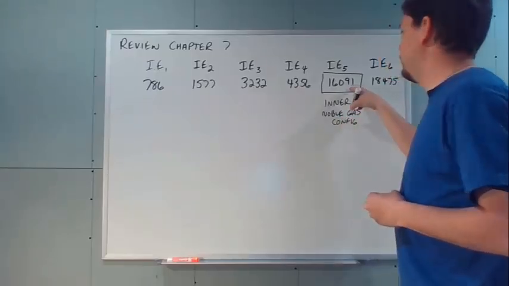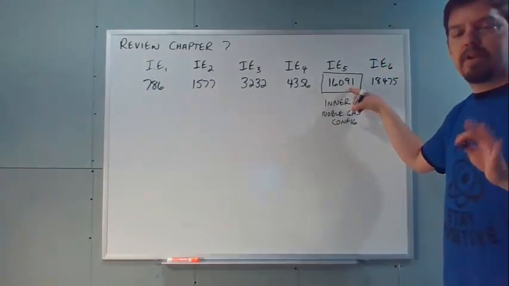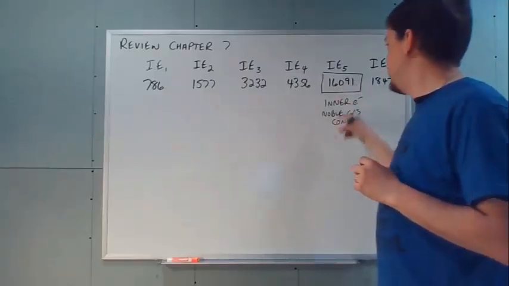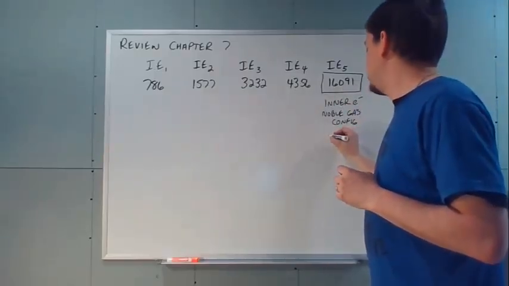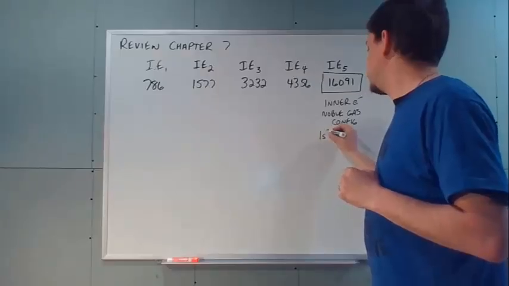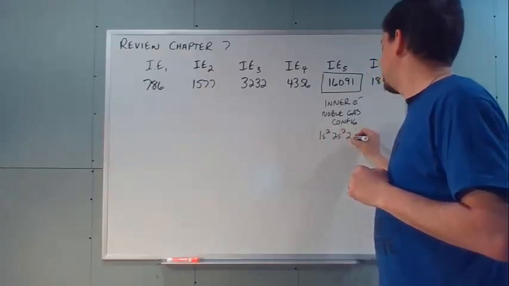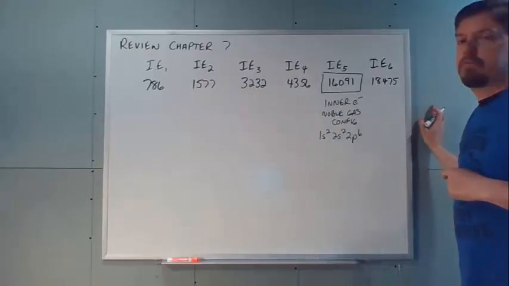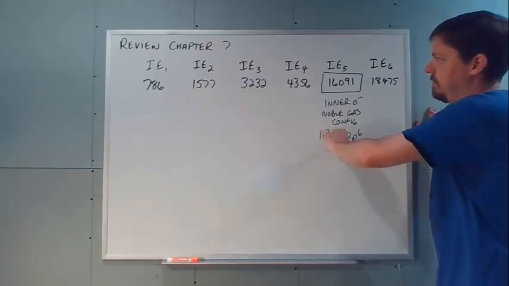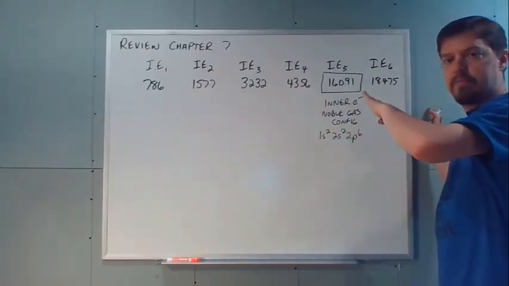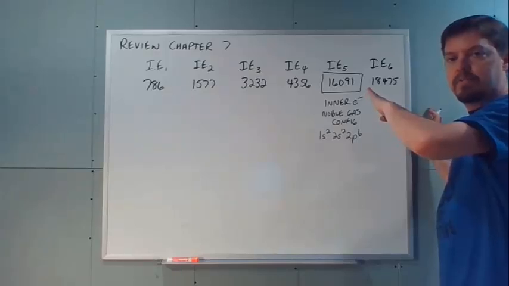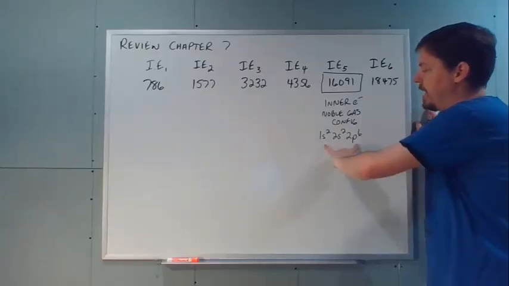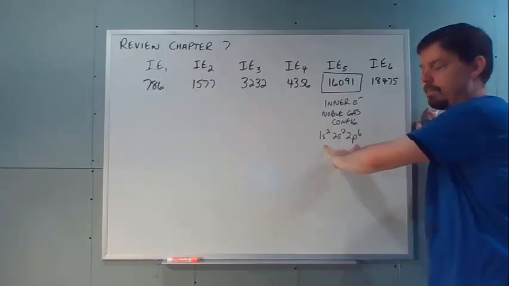So this is actually removing that electron from the noble gas configuration, which means that this would be when my configuration matches neon, right? Because if it's a row 3, this is where I'm going to be removing the outermost electron from the second energy level, which would match neon's electron configuration.